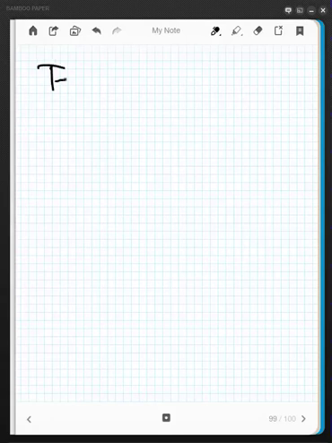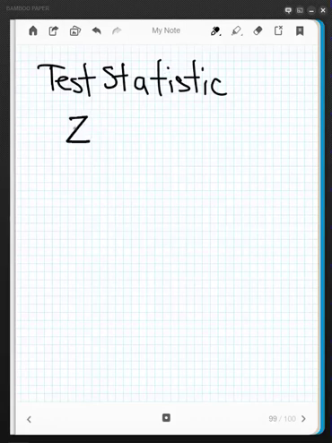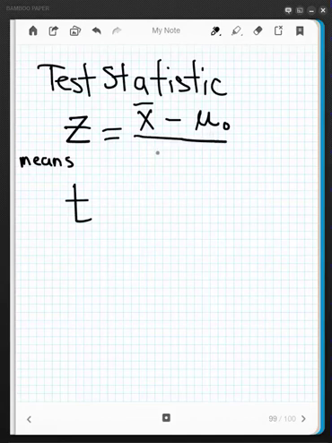Then the next thing I'll want you to be able to do is come up with your test statistic. Again, a test statistic is just some more of that stuff I asked you to know earlier. I want you to be able to standardize. A test statistic is a Z or a T. If this is for means, it's a Z: I've got my X bar value minus my mean under the null hypothesis, that's why a subscript of 0, divided by the standard deviation that's told to us over the square root of the sample size.